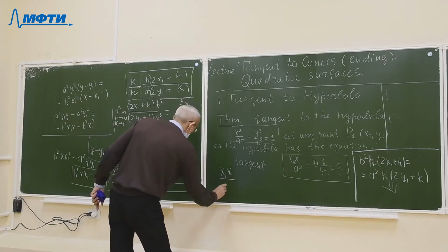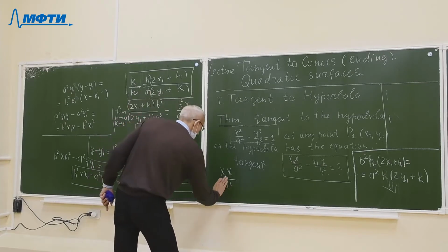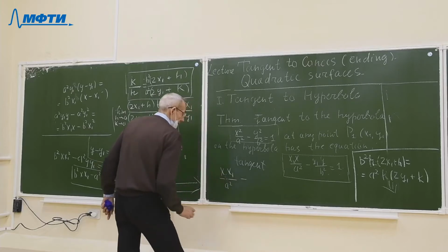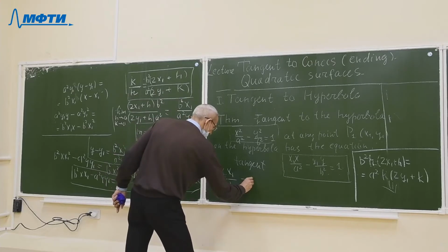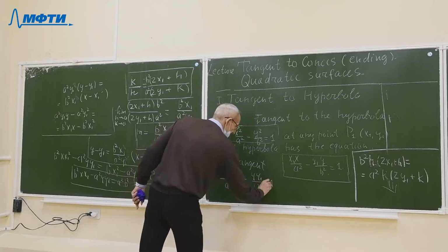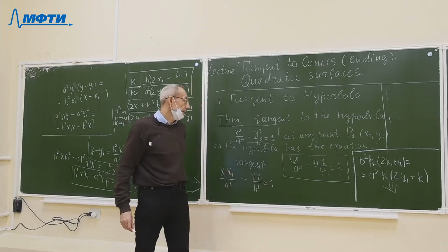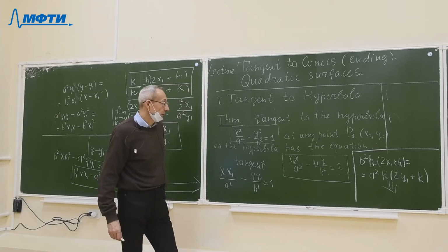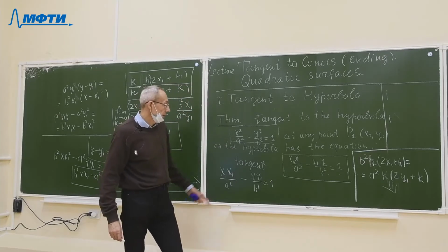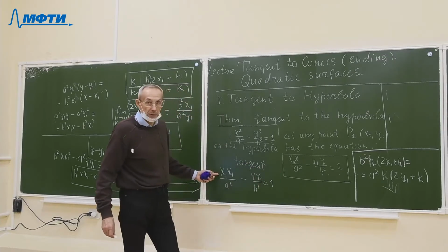x1 x divided by a square minus y1 y divided by b square is equal to 1. This is exactly the equation which we tried to prove, because the multiplication of numbers is commutative.